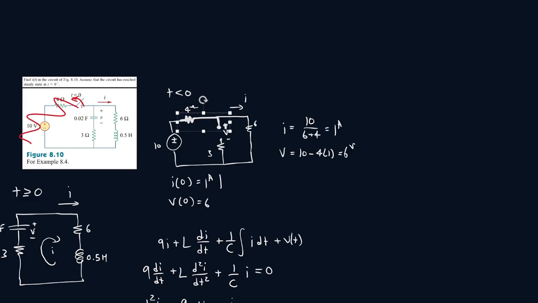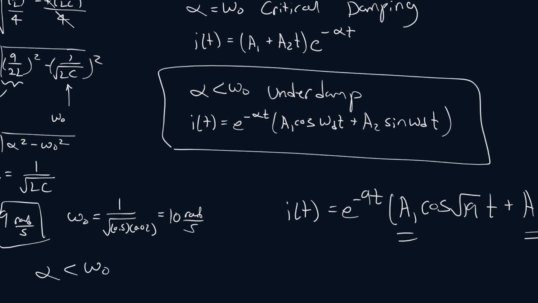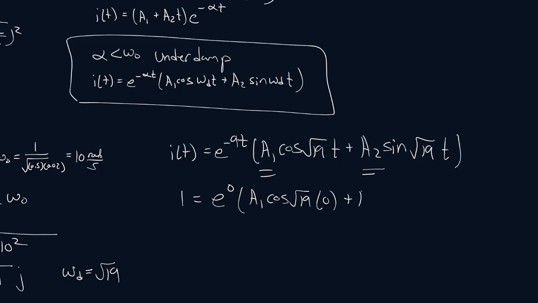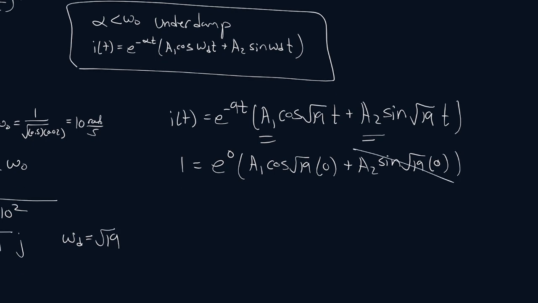Recall the following. When t is 0, our i is at 1. So we'll write the following. Okay, so this is fully gone, and this is just 1. So our A1 is equal to 1.